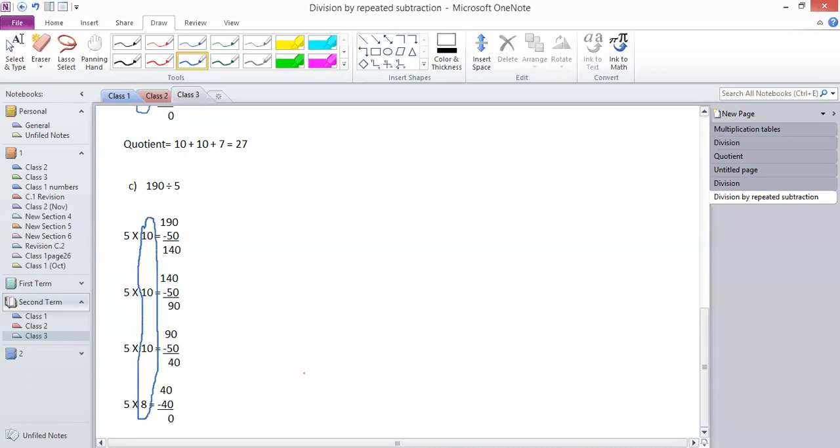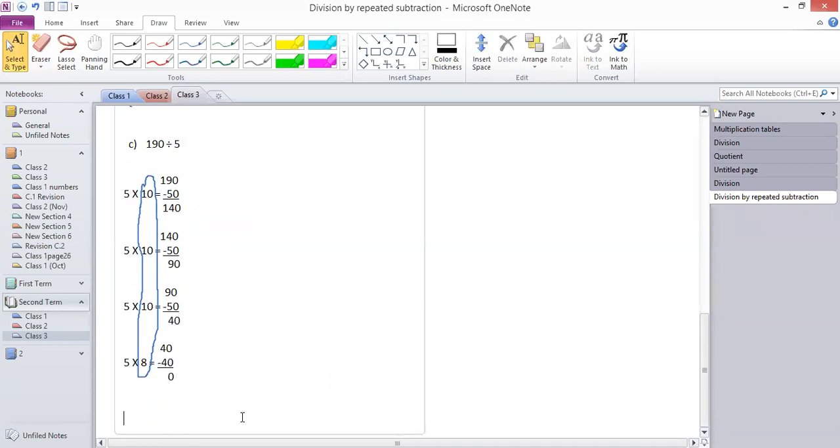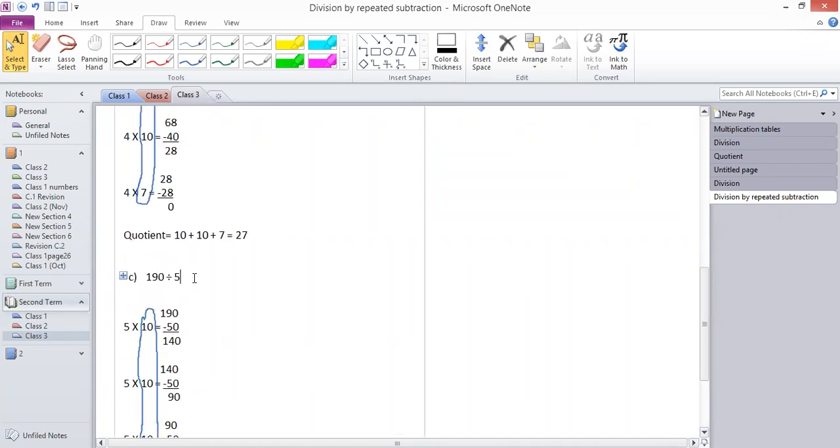So 3 tens and 1 eight. So the quotient, the answer, is 10 plus 10 plus 10 plus 8. 10 plus 10, 20, 20 plus 10, 30, and it is equal to 38. So the answer is 38. 190 divided by 5 is equal to 38.